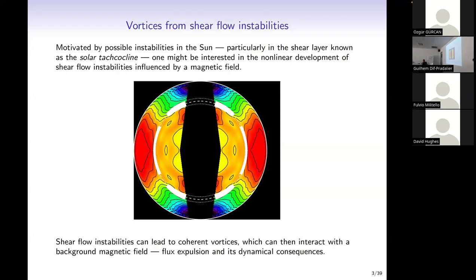So that's another reason why we might be interested in vortices and magnetic field. It's believed there is a strong magnetic field down here. Of course, the sun has a strong magnetic field, but for reasons I'm not going to go into, it's believed that it's quite strong in fact. So that's some sort of general motivation for why we might be interested in vortices and magnetic field.